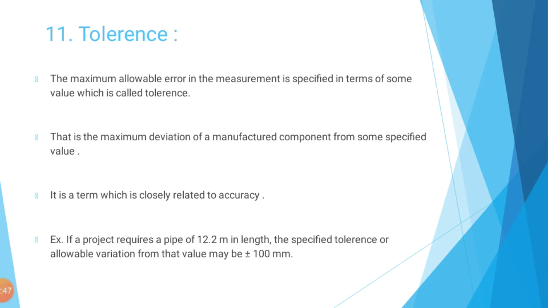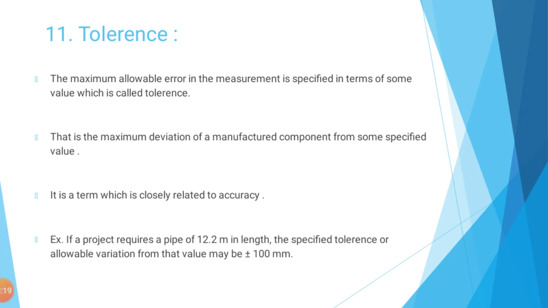It is a term closely related to accuracy. That means there is an allowance for error, and since error and accuracy are related to each other, tolerance is also related to accuracy. If we consider an example, suppose a project requires a pipe of 12.2 meters in length, the specified tolerance or allowable variation from that value may be plus minus 100 millimeters.